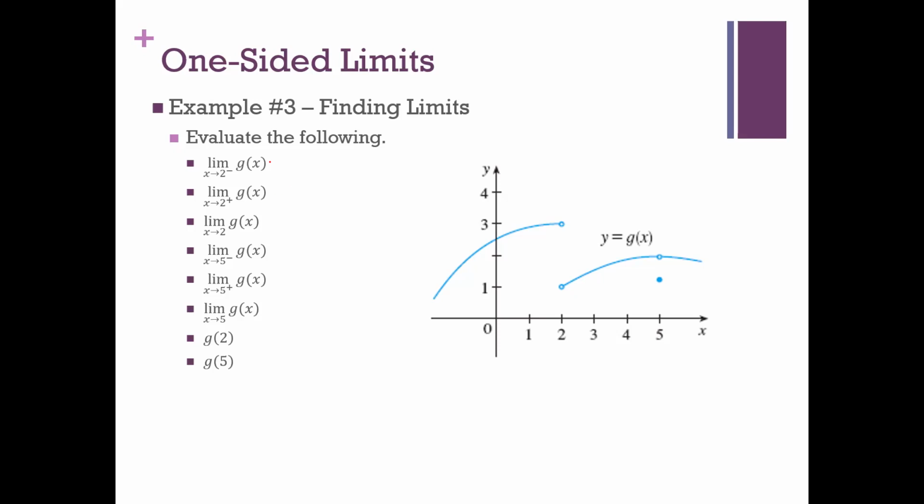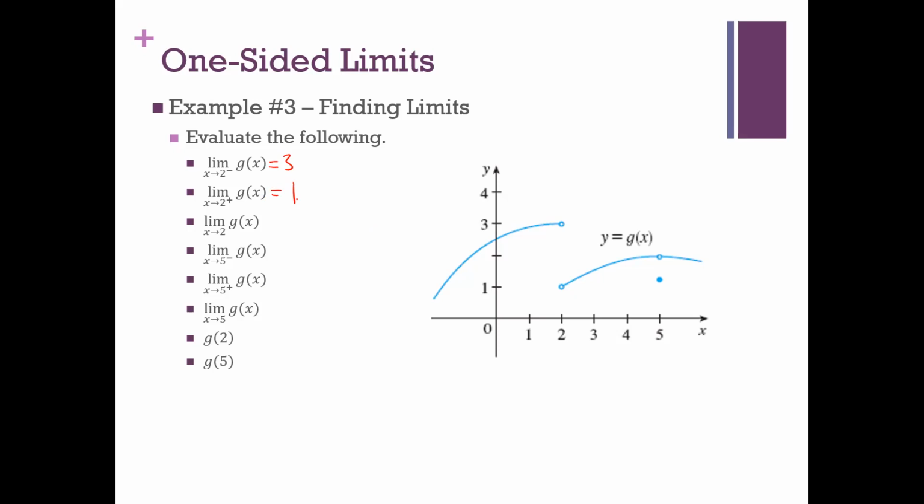How about this first one? All right, go ahead. 3. And how about the next one? Go ahead. 1. I should pause there, make sure we understand why that's the case. Any questions on those first 2?